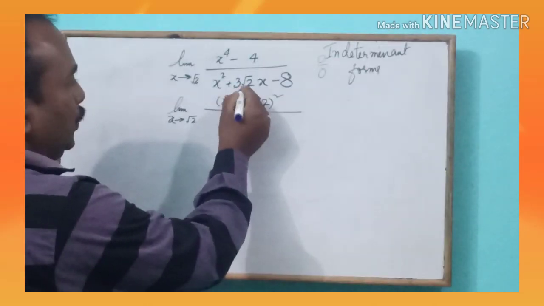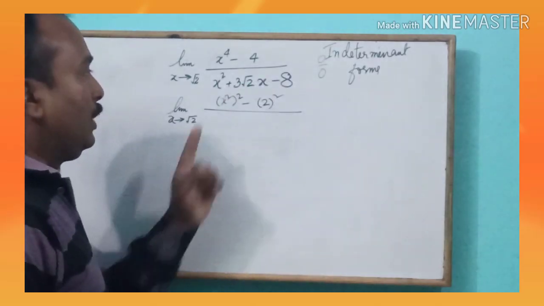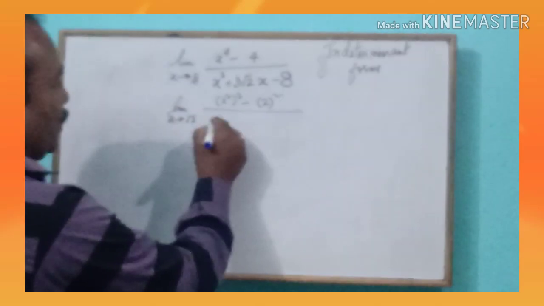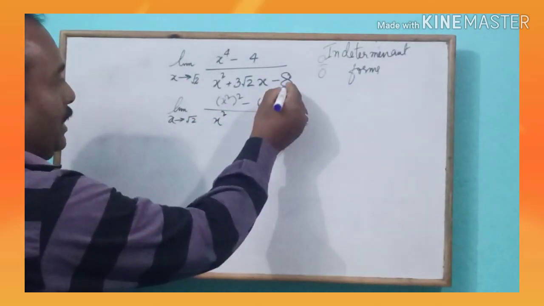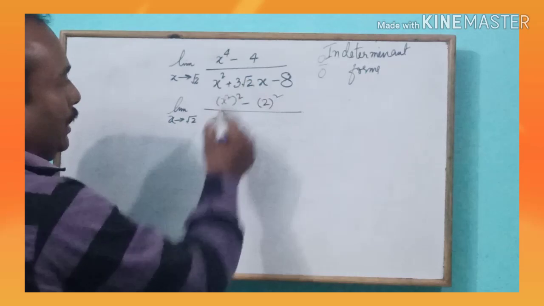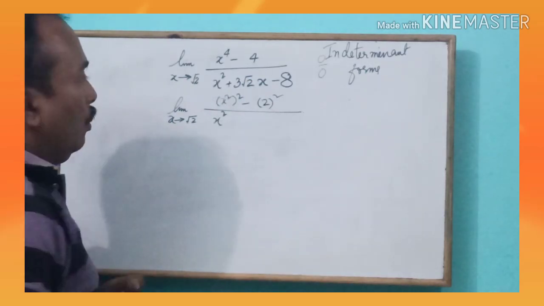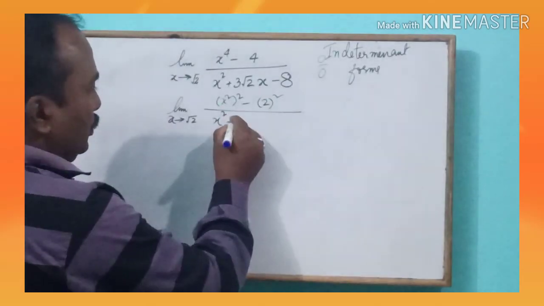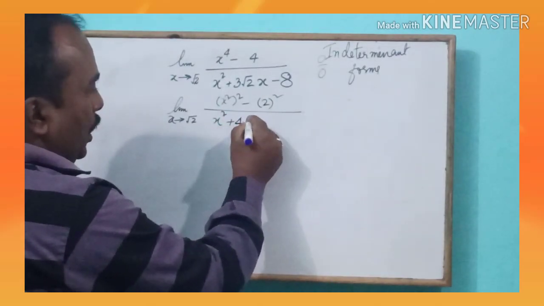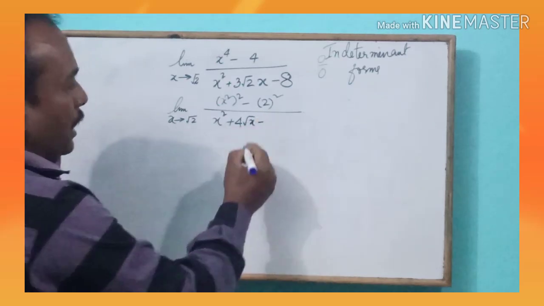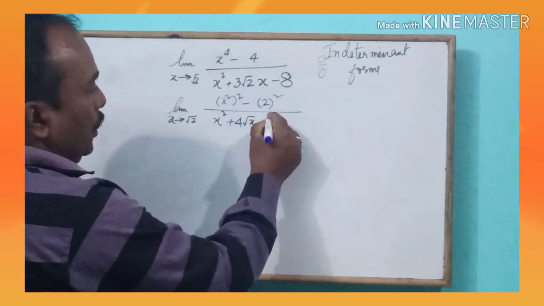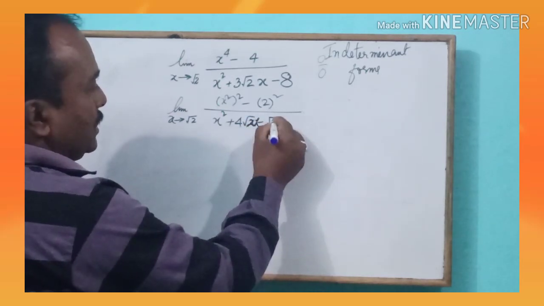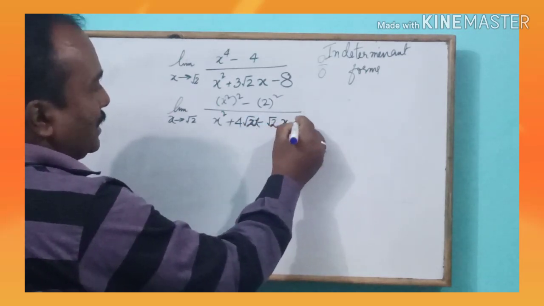Below we have x square plus 3 root 2 x minus 8, so we have to do the middle term split. The product is 8, and the sum should be 3 root 2, that means 4 root 2 and minus root 2. So it could be written as x square plus 4 root 2 x minus root 2 x minus 8.